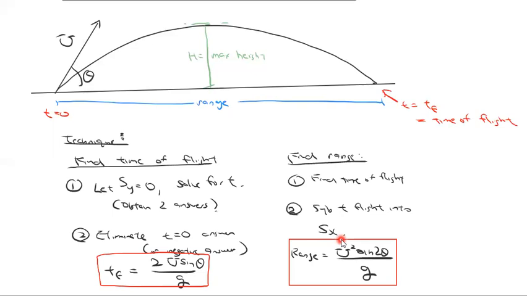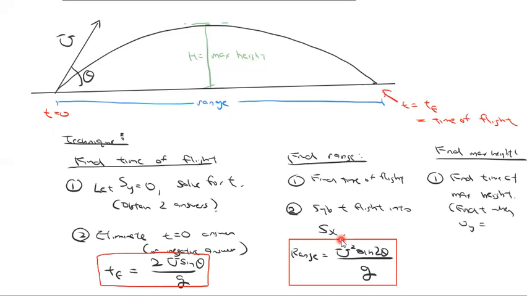Right. And to find the max height, firstly, you would need to find the time at max height. And you would do that by finding t when Vy equals 0.